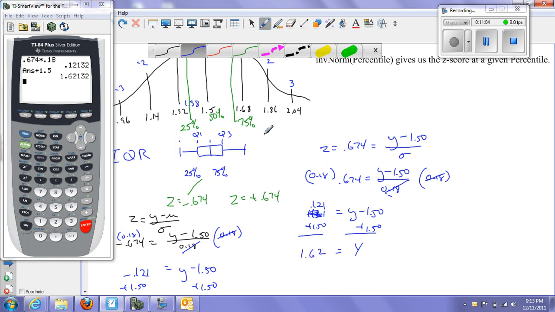So my value for my third quartile is 1.62.